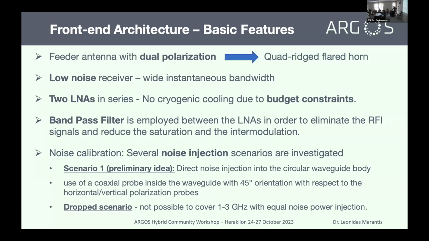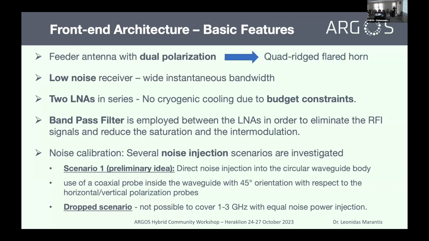A really preliminary idea, a really first scenario, was an idea that Christoph from Max Planck had, to inject the noise signal into the circular waveguide of the antenna. Have a probe, let's say, at 45 degrees orientation between the two polarizations at the circular waveguide part of the antenna and inject the signal there.